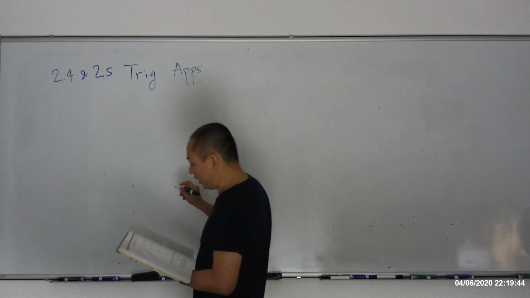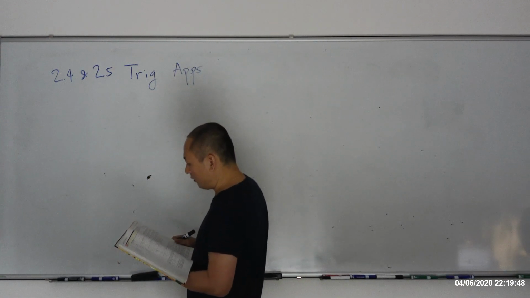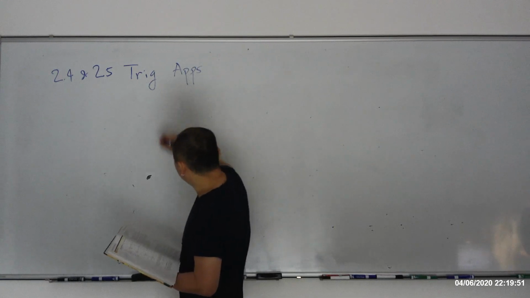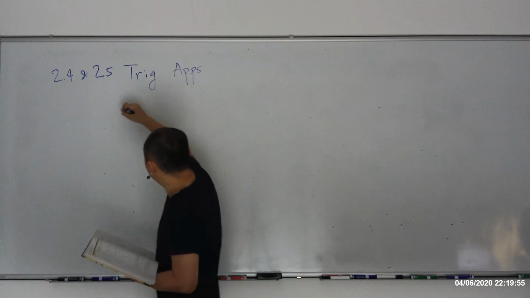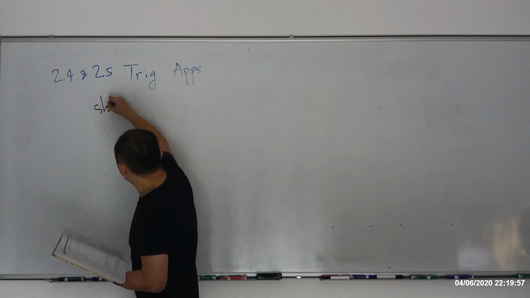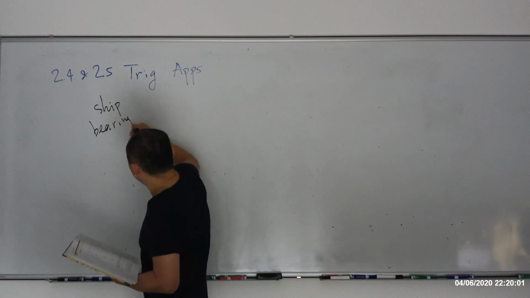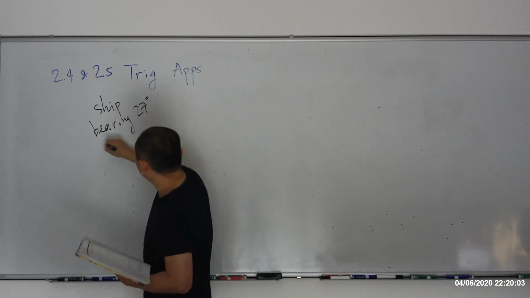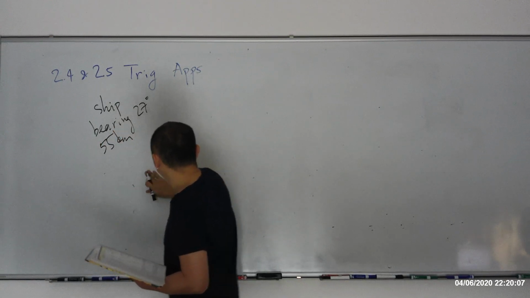We have a ship starting at a point and traveling 55 kilometers with a bearing of 27 degrees. So let me draw right here.